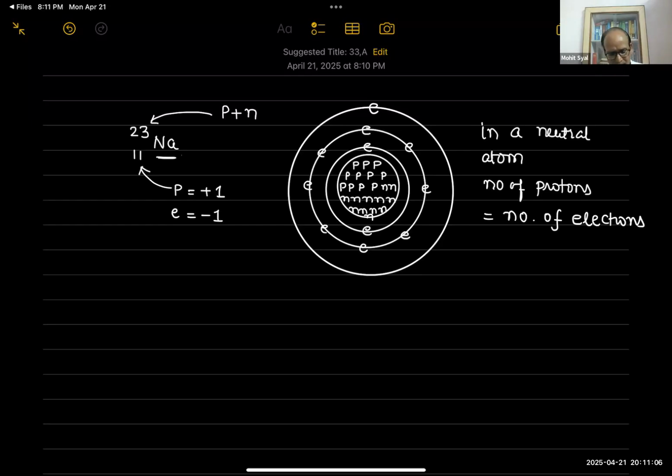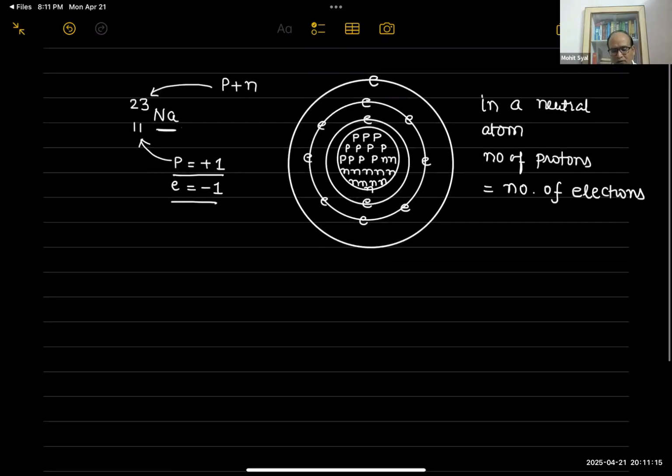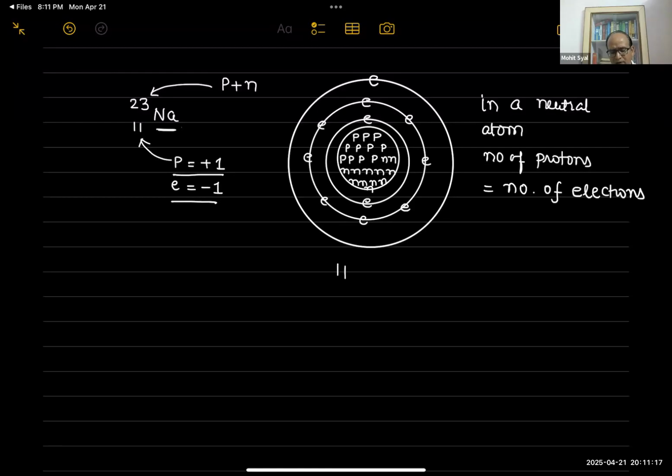Protons have positive charge and electrons have negative. So you had 11 protons, and because there is no charge written on the sodium, there will be 11 electrons. The protons carry plus 11 charge, the electrons carry minus 11 charge, both are equal. That's why it is neutral.